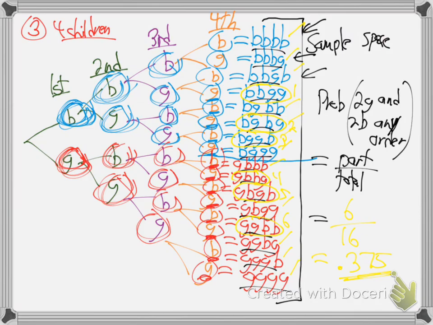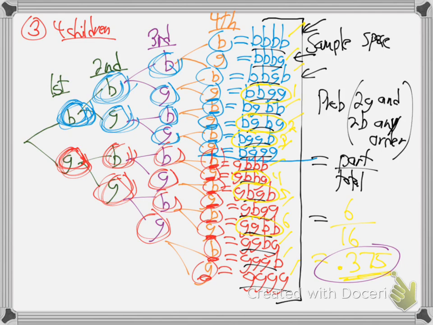If a family decides to have 4 kids, that's the chance that they're going to have exactly 2 girls and 2 boys. There's a 37.5% chance. 0.375 is the chance. You can change it to a percentage, 37.5%. We don't need to, but that's what it is.